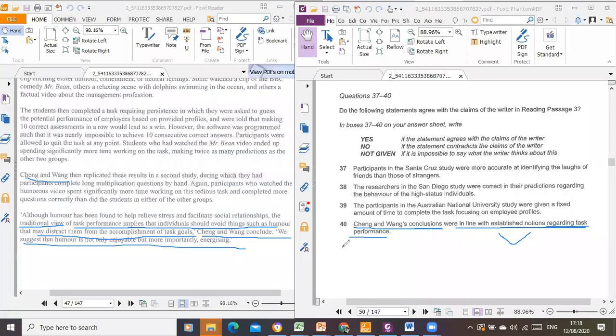Okay, so what's the answer to this one? No. It is a no. Because the statement completely contradicts, we're in line. Were in line. This is what spoiled it. So their conclusion was not in line with this traditional view of task performance. Okay, so we have not given, no, no.